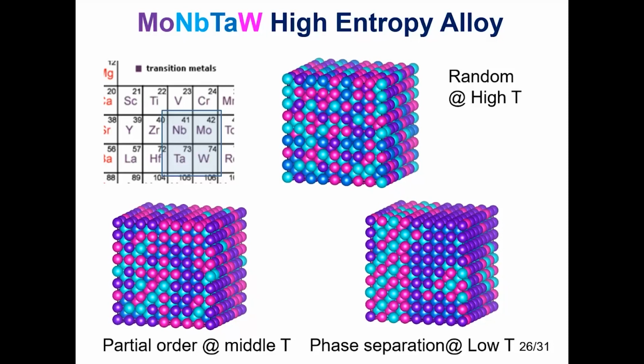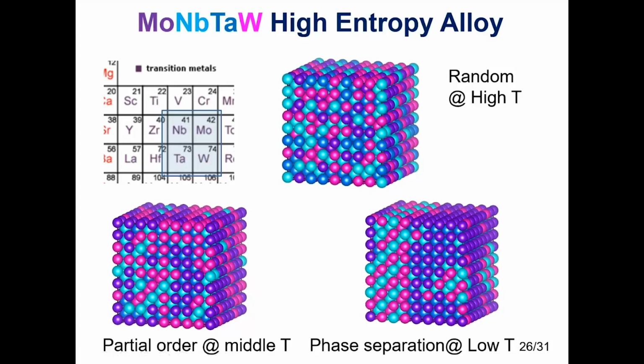So here in this case, we have a 4-element refractory alloy, MoNbTaW. And at high temperatures, it makes a random distribution of atoms among sites. And so the entropy would be about log 4.